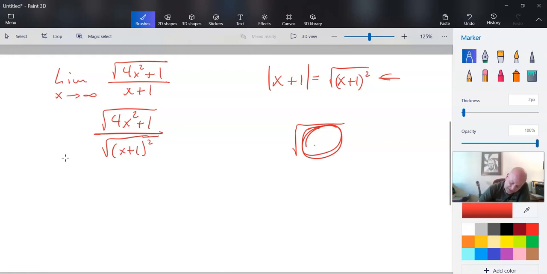And what that means is I can join these together into a single root as 4x squared plus 1. And now, because I'm going to need to anyways, I'm going to square out this x plus 1, right? Because I'm joining both of them. The x plus 1 squared ends up being x squared plus 2x plus 1.